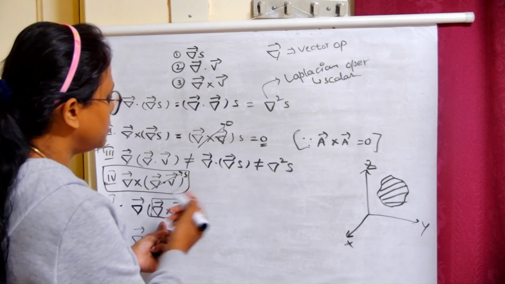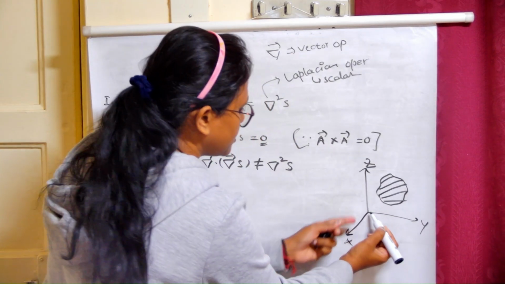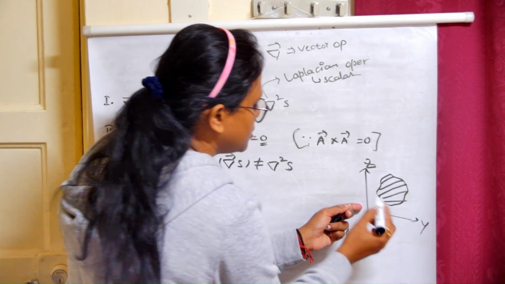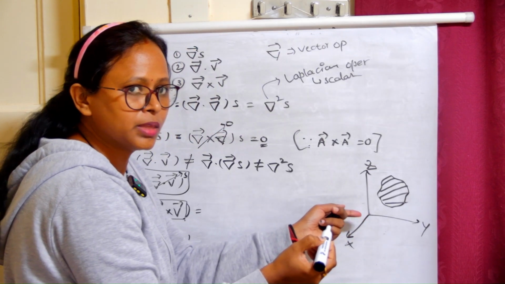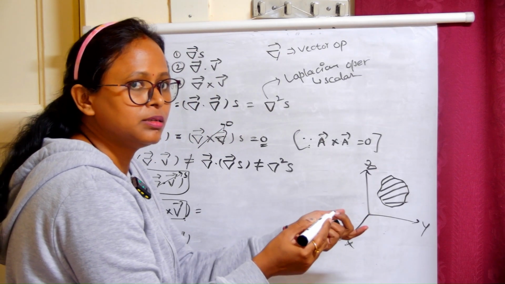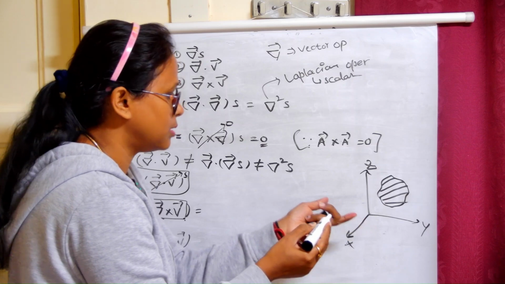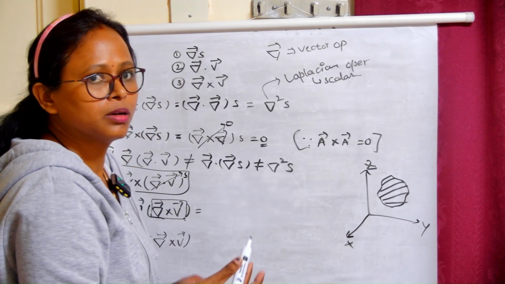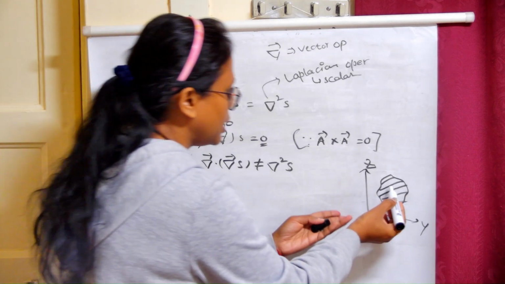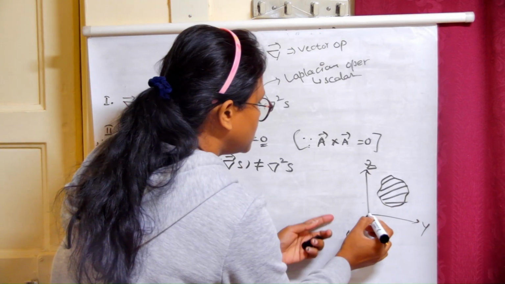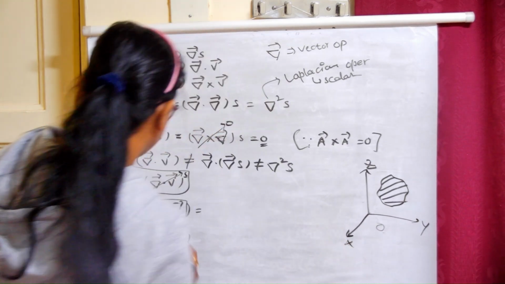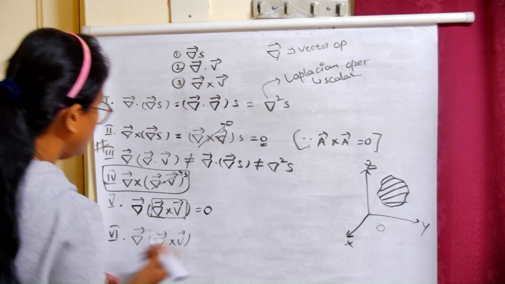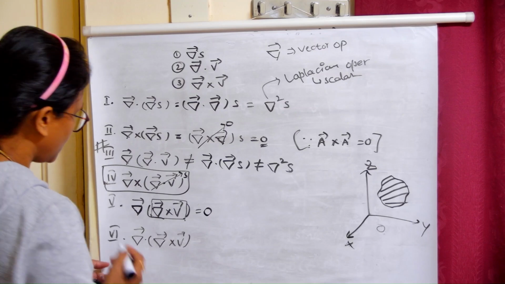The curl will be along the x-axis. That means away from the board. If we consider gradient, as there will be no contour lines, the gradient of this curl will be 0. That is how this becomes 0.